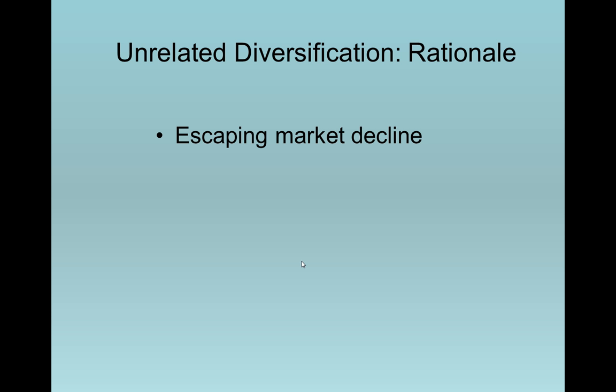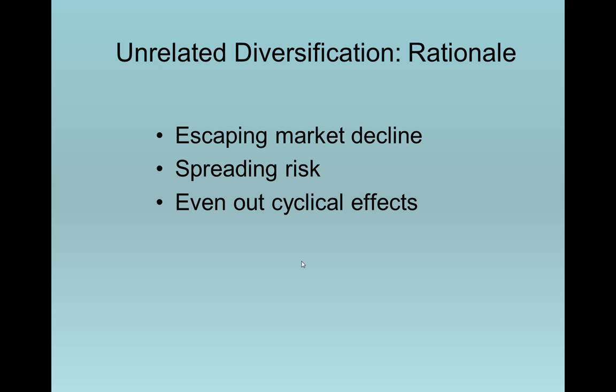Unrelated diversification is a classic move to escape from market decline, and it is often cited as a rationale or a way to spread risk across different businesses, as discussed earlier. It can also be used to even out cyclical effects across different businesses.